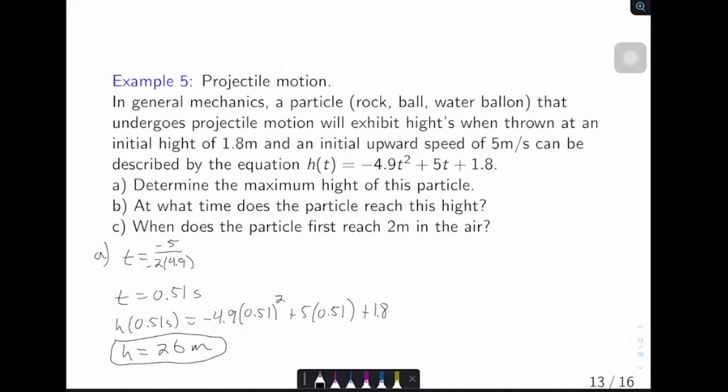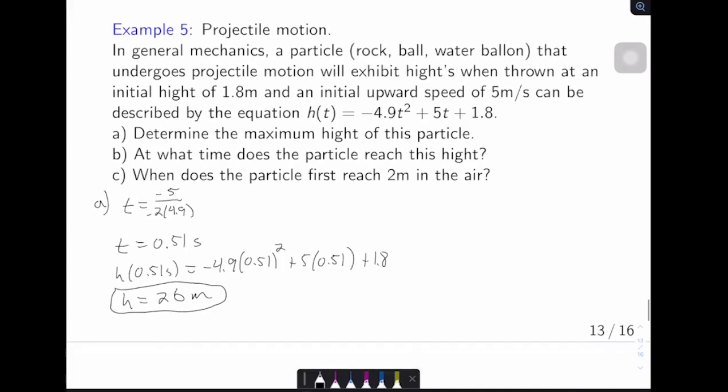All right, when does the particle first reach 2 meters in the air? All right, that one's going to take some work. So in this case, we're going to say for c, 2, which is our height, is equal to negative 4.9 t squared plus 5t plus 1.8.